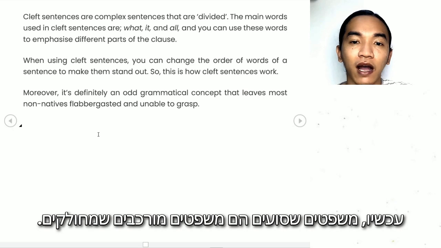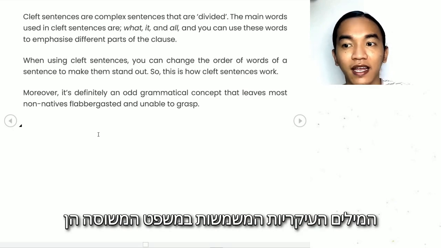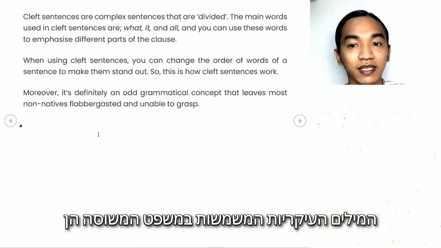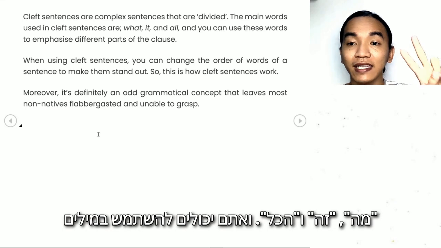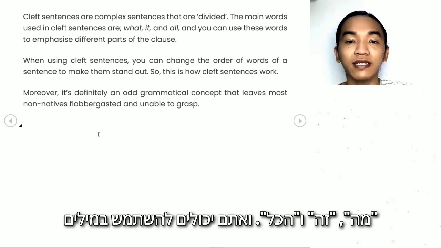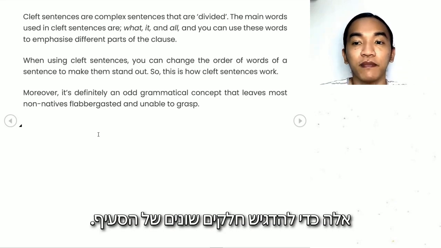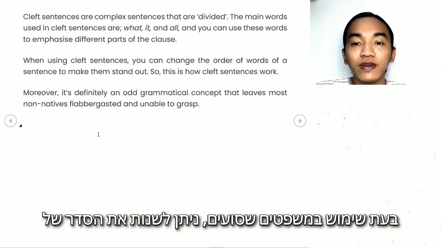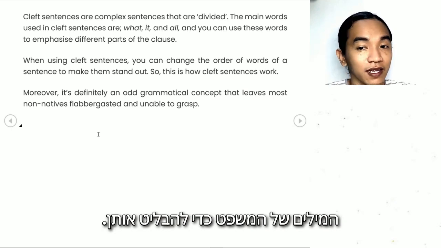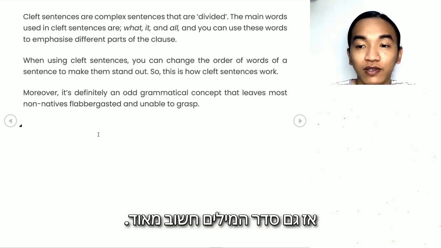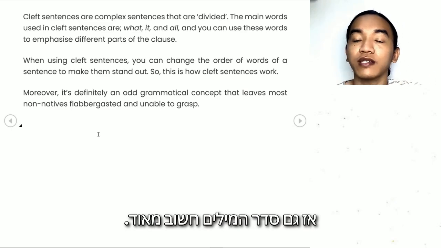Okay, now cleft sentences are complex sentences that are divided. The main words used in the cleft sentence are what, it, and all. And you can use these words to emphasize different parts of the clause. When using cleft sentences, you can change the order of words of a sentence to make them stand out. So, ordering of the words is also very important.